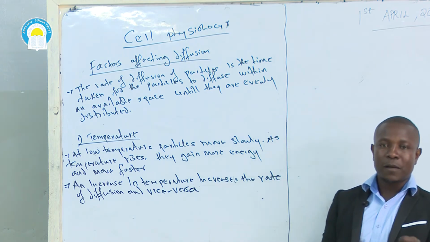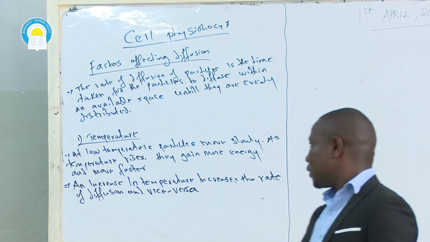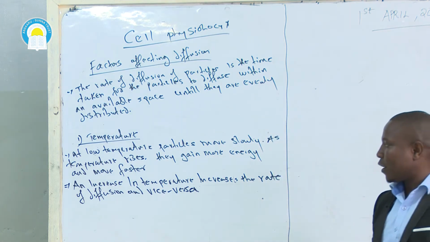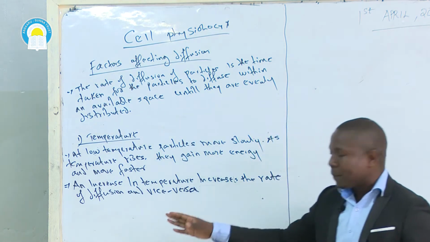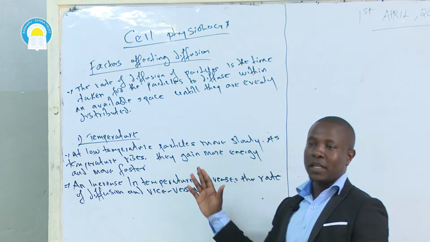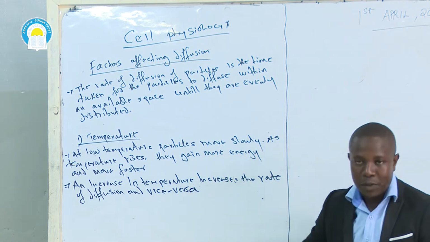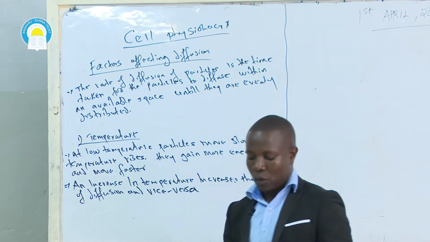If you're asked in an exam to explain factors affecting the rate of diffusion, and you talk about temperature, you say when temperature increases, the rate of diffusion will also increase, and vice versa. Vice versa means when the temperature decreases, or at low temperature, the rate of diffusion is going to be low.